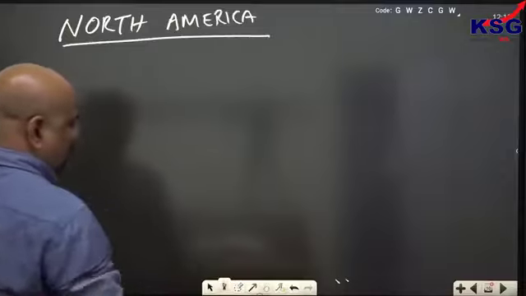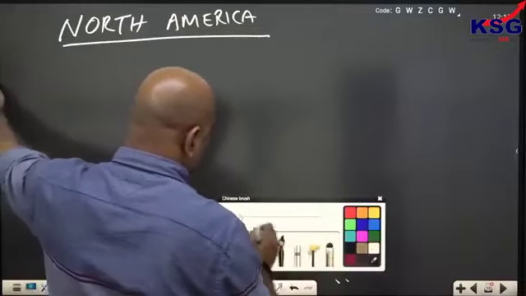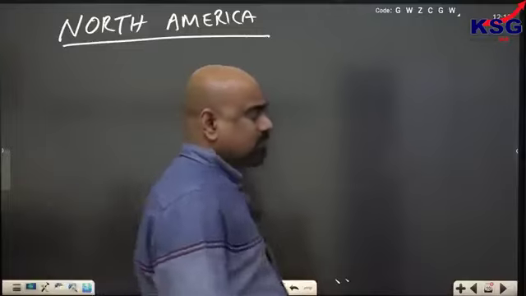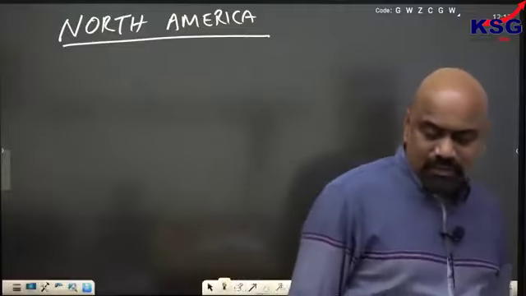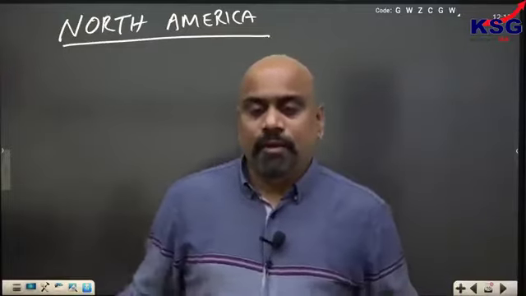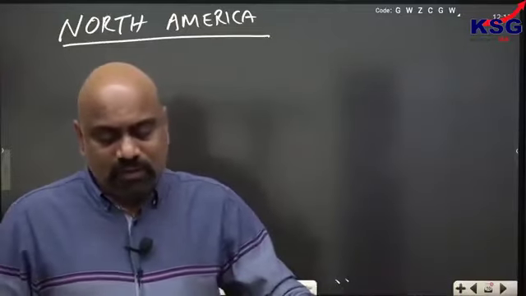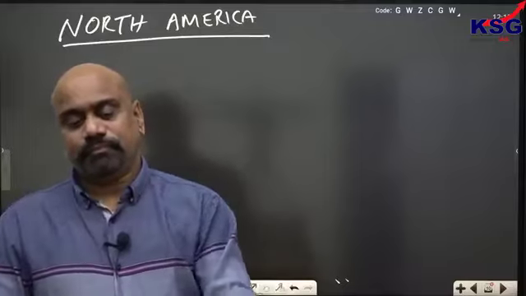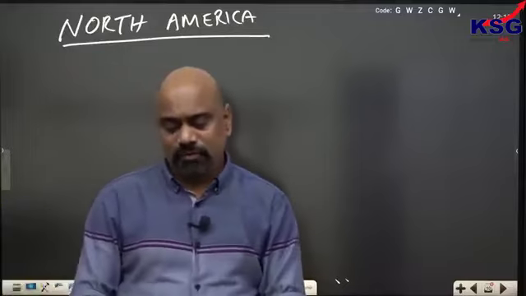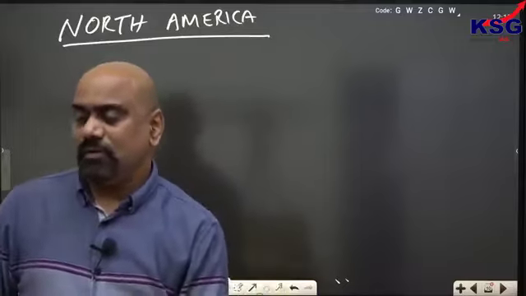Can you just open your atlas and find out where North America is? तो atlas निकाल के देखिए. Please open your atlas, find out North America. Yes, all of you have done North America.